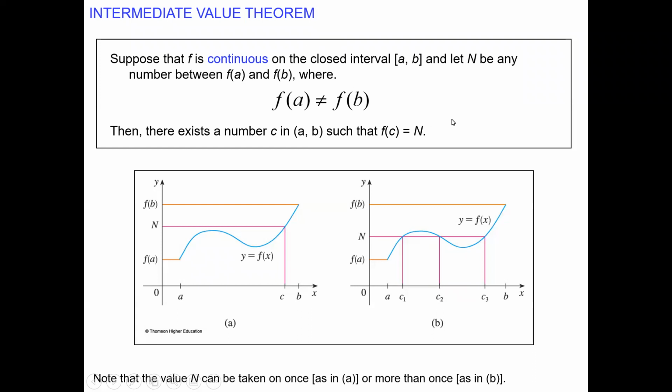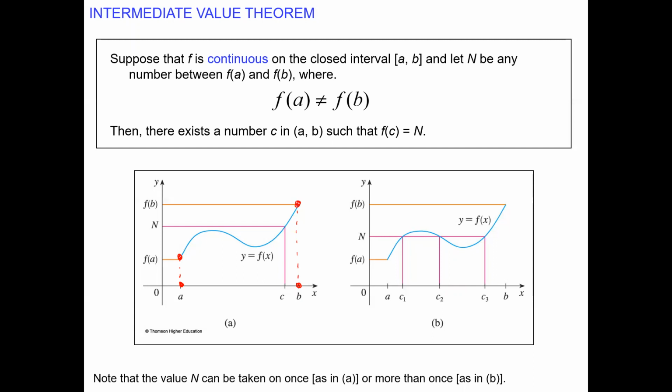Okay, let's see what this means. When we take a closed interval from a to b, the corresponding value is f of a here, and the corresponding value for b is f of b. They are different.